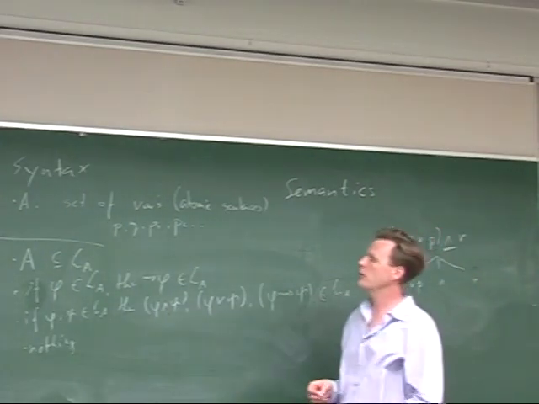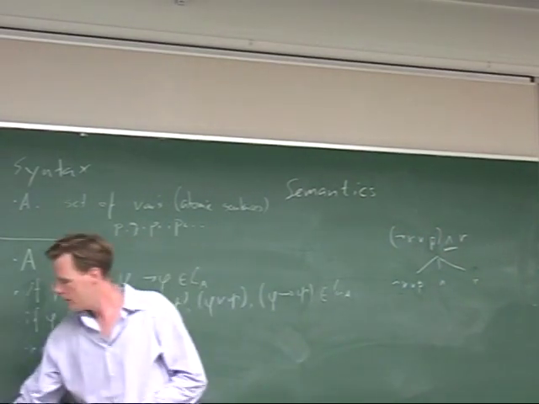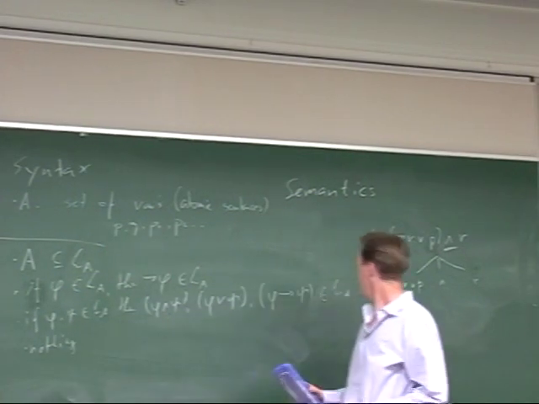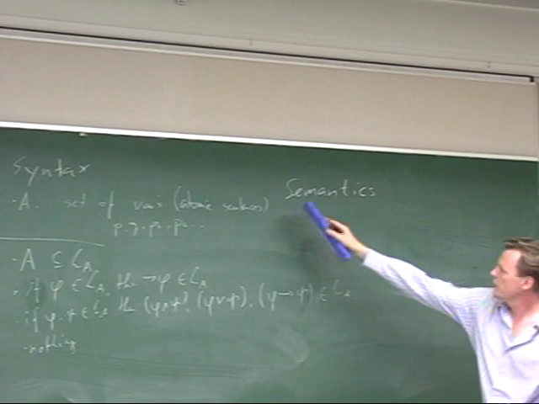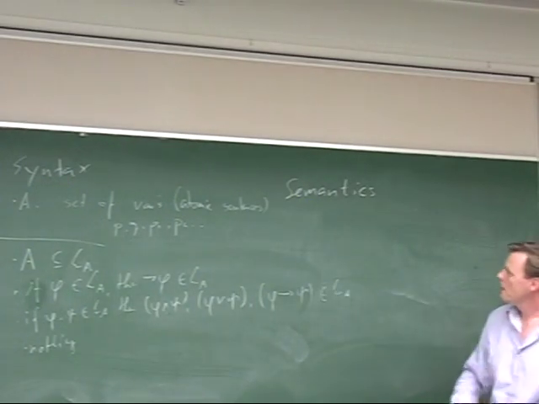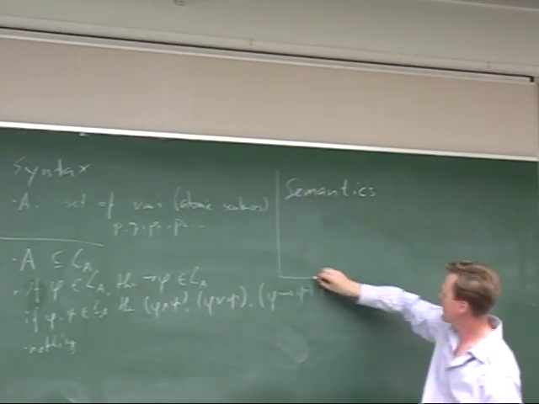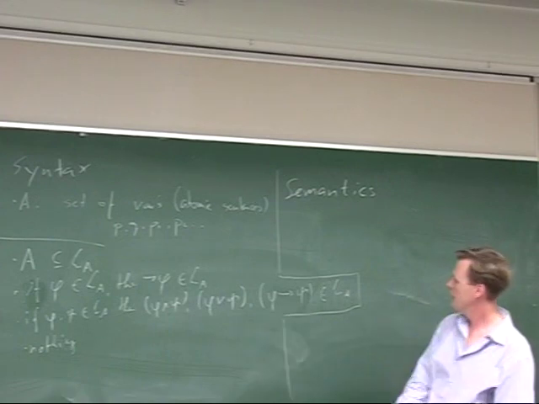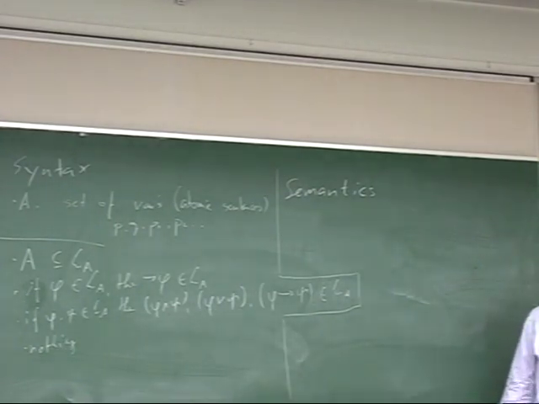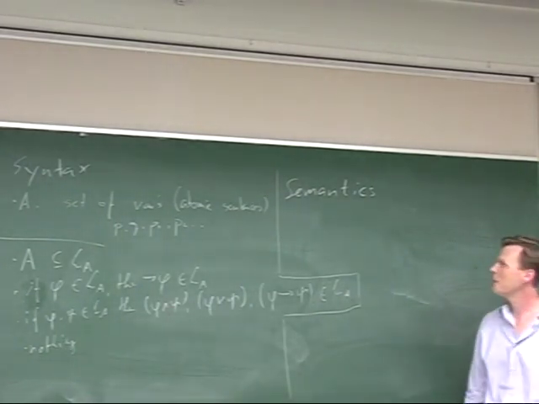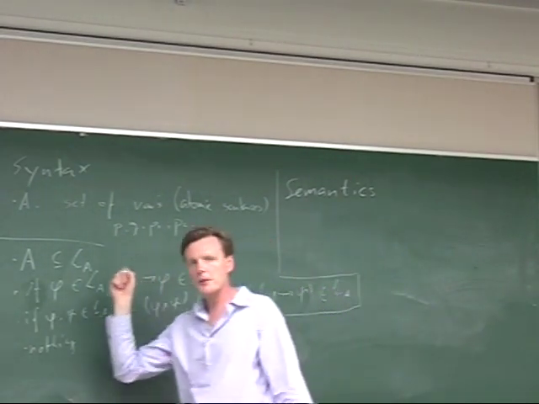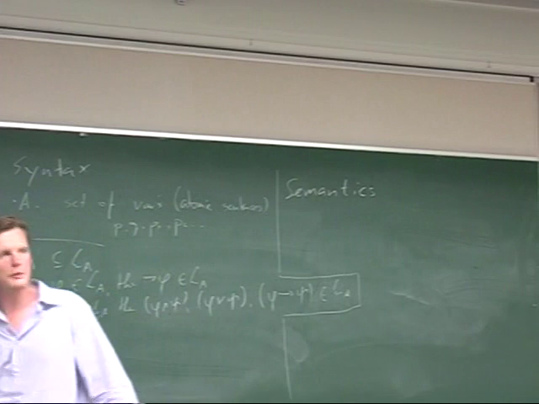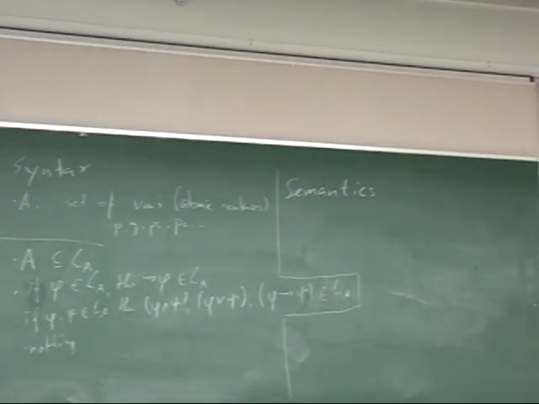All right, so the semantics of this now. I said these propositional variables are things that can be either true or false, and that's all there is to them.